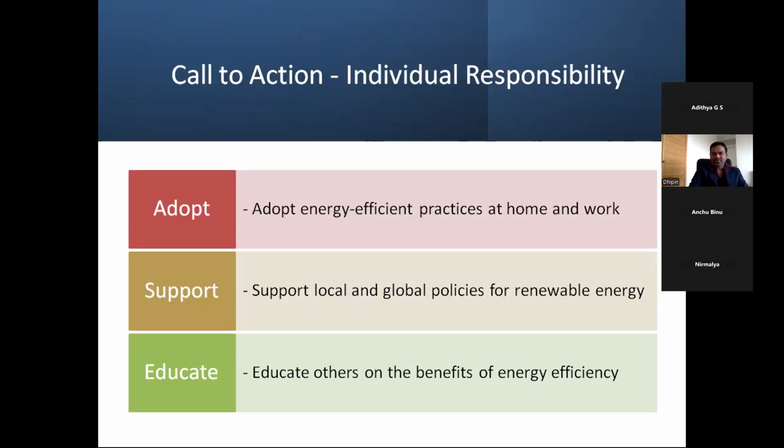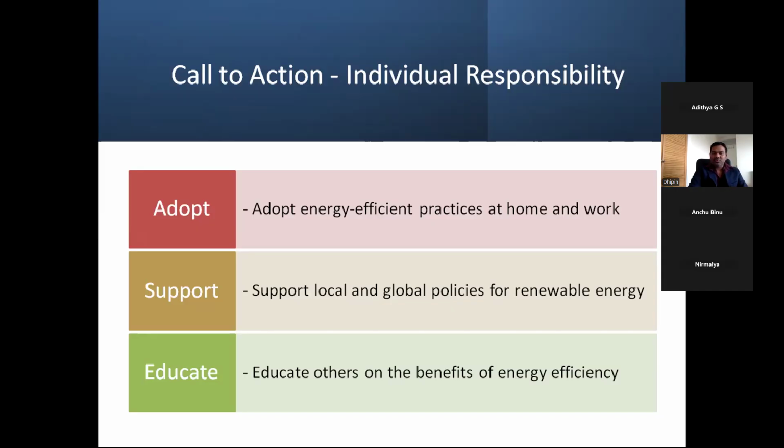Call to action: it's an individual responsibility that contributes to society, and we all need to own that responsibility. First, adopt energy efficient practices at home and work. We have discussed this in detail and I don't want to repeat, but that is something we need to practice at home and work.